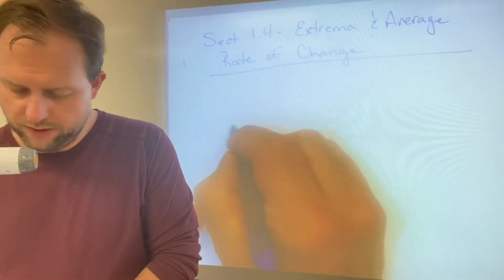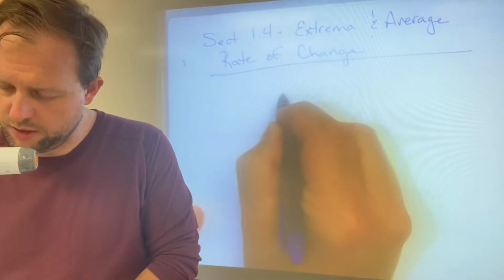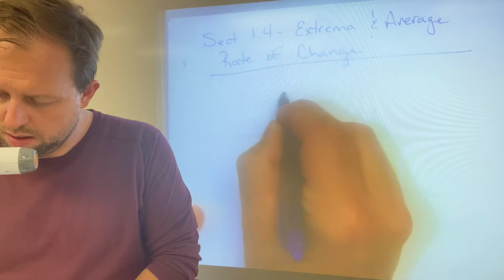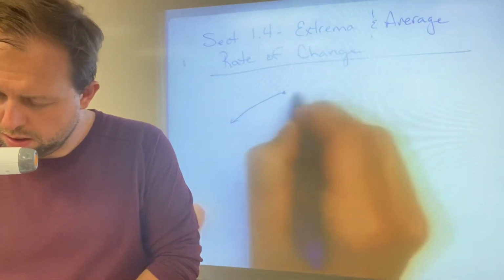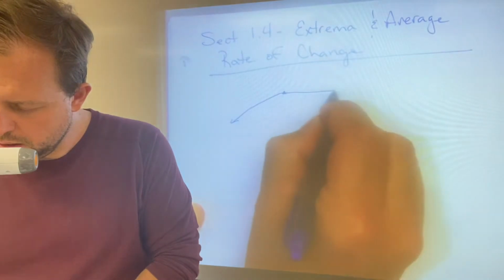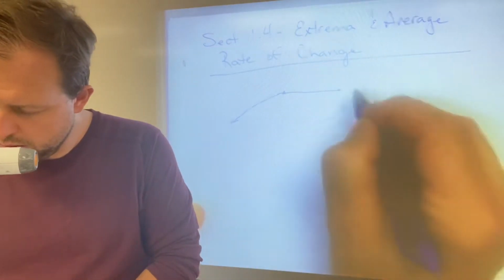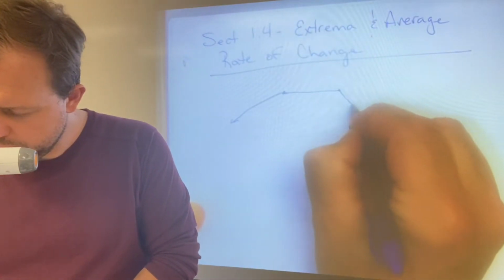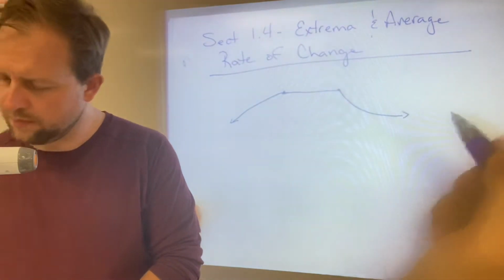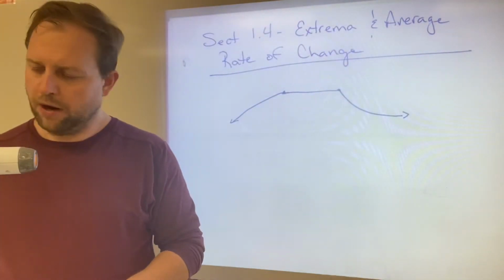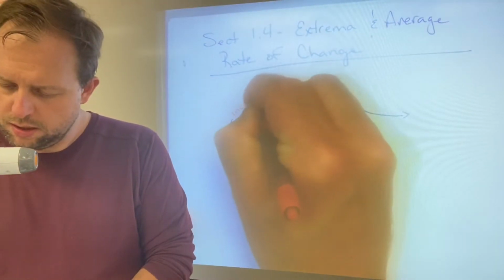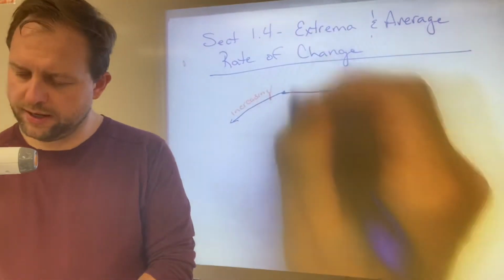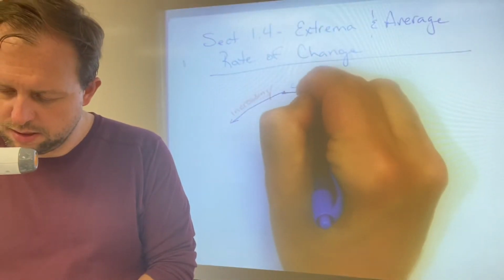Remember, if we have some kind of graph going, there's a part of the graph where it is increasing. There is another part that it may be constant.